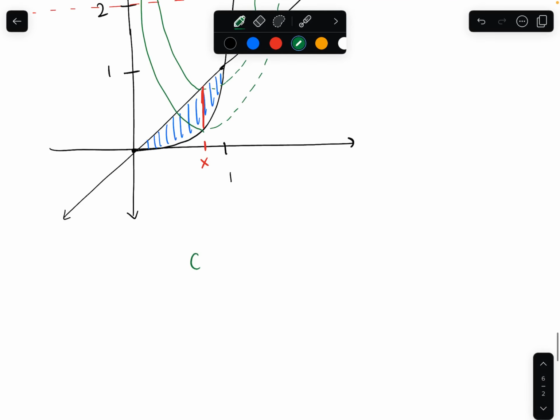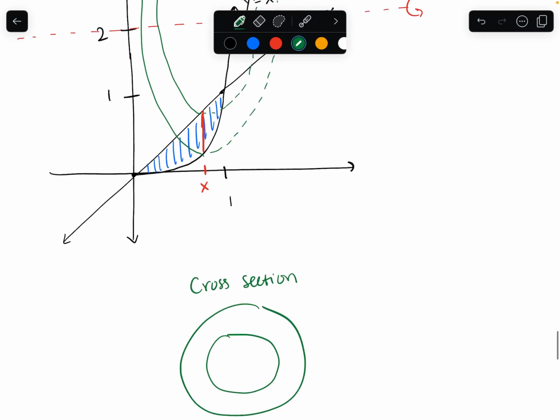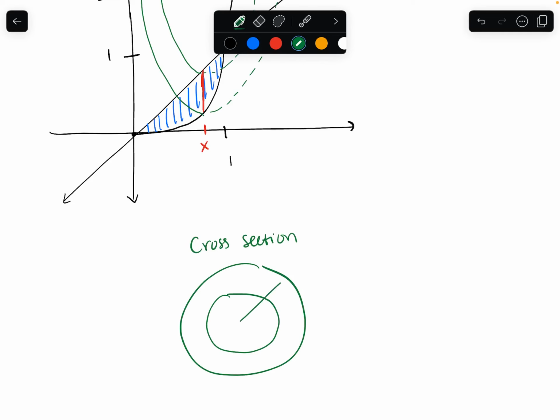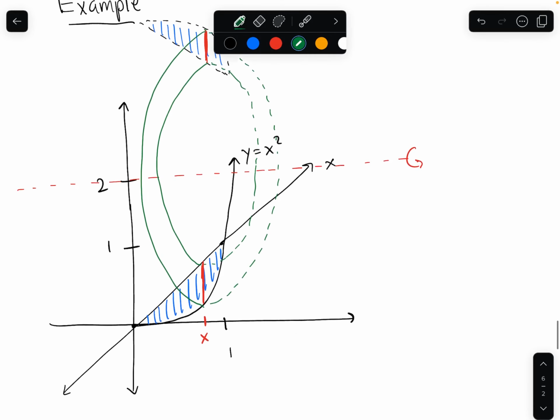And now if I look at the cross section head on, it's still just a washer. It has an outer radius and it has an inner radius. It's just how we compute the outer radius and the inner radius is a little bit different now.